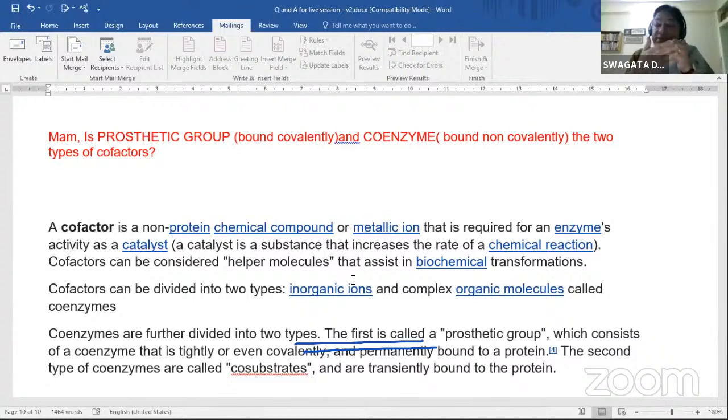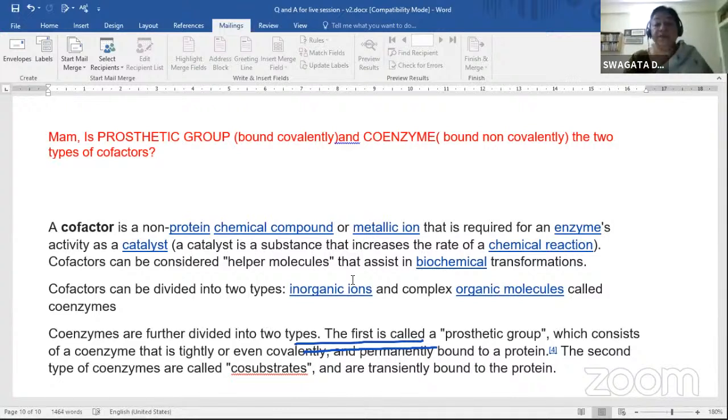This is the same with these prosthetic groups or coenzymes. Those that are transformed or changed during the chemical steps that occur in the enzymatic catalytic reaction have to get back to where they originally were.